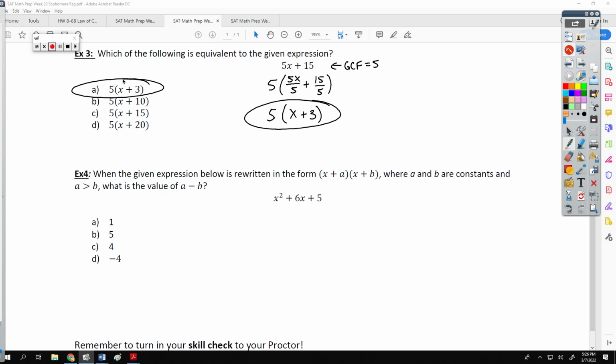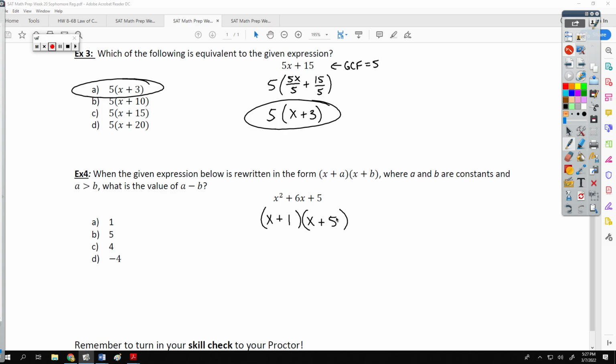Okay, in example 4, it says, when the given expression below is rewritten in the form x plus a times x plus b, where a and b are constants, and a is greater than b, what is the value of a minus b? So this is going to still require us to factor. We need to come up with a pair of numbers that multiplies to 5 and adds to 6. Well, there's only one set of numbers that multiplies to 5, that being 5 times 1.